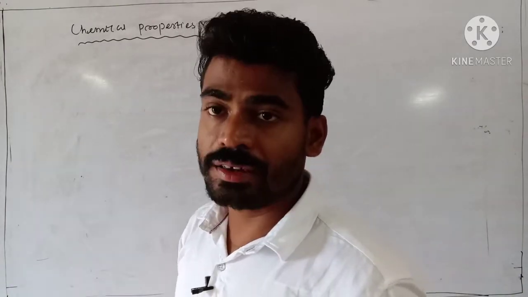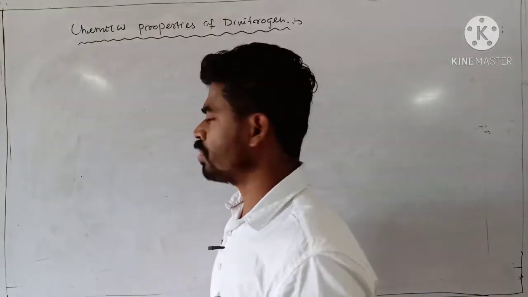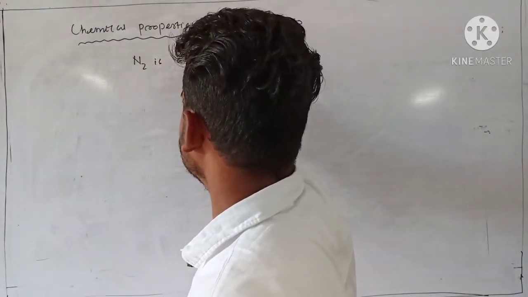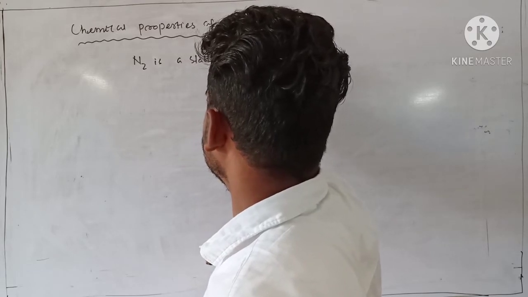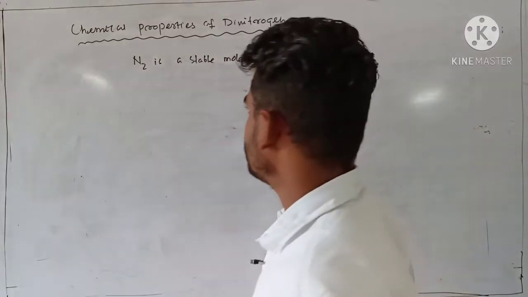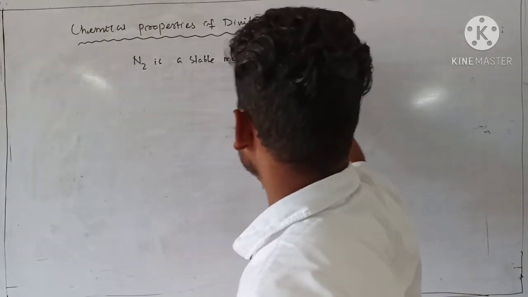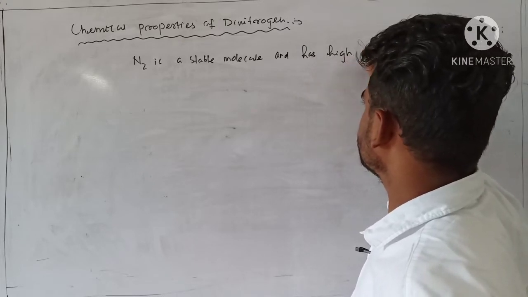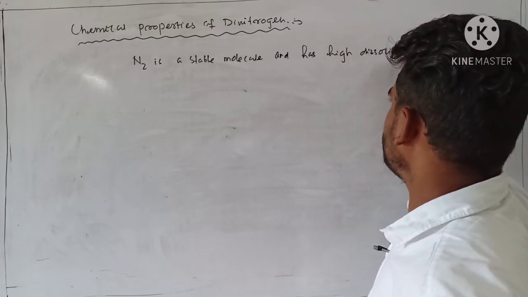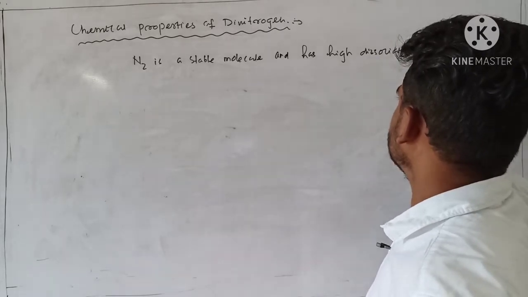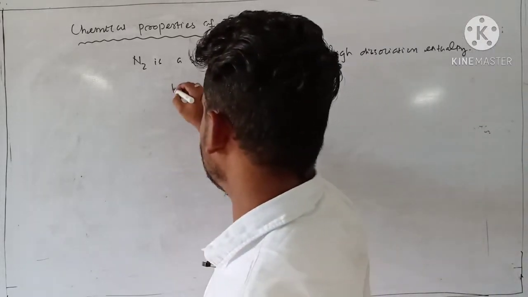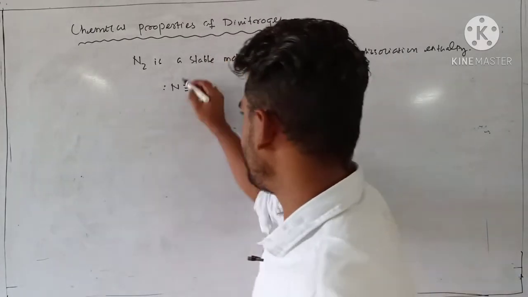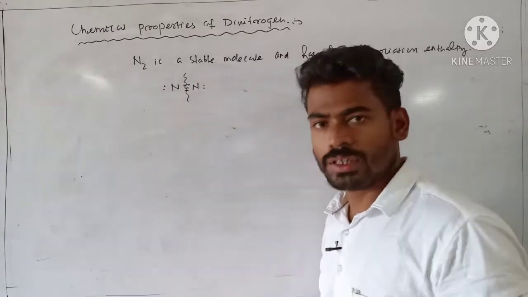And before going through the chemical properties, you should know this N2 is a stable molecule and has high dissociation enthalpy, because in the nitrogen molecule there exists a triple bond between two nitrogen atoms, so high bond enthalpy is required to break 3 bonds.